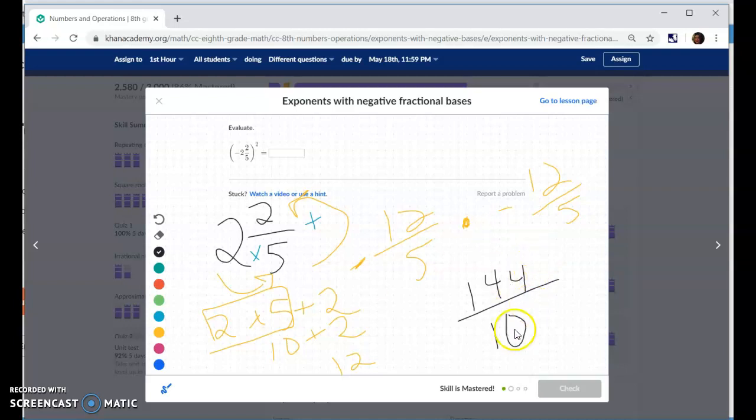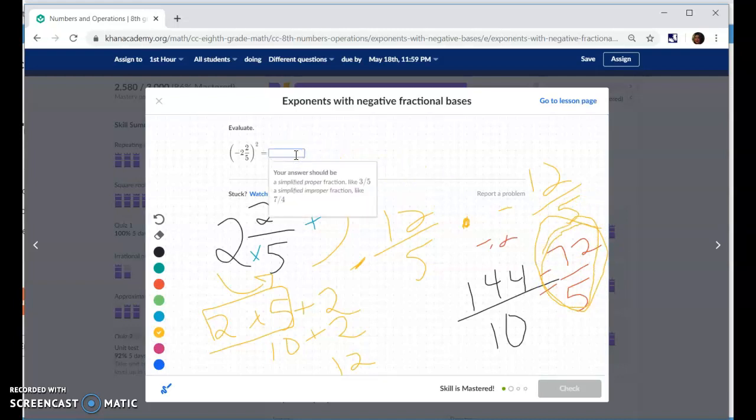I know this can be simplified because both of these numbers go into 2, so I'm going to divide each by 2. 10 divided by 2 is 5. 144 divided by 2 is 72. And I don't think anything else goes into there. So here's our answer, 72 over 5.